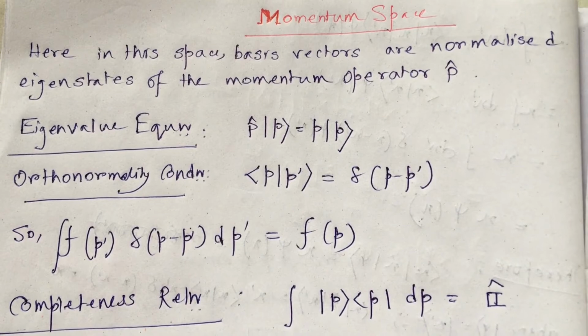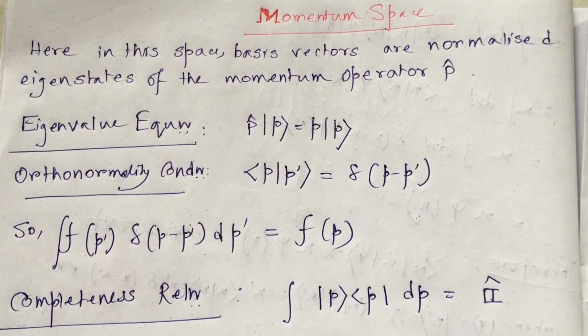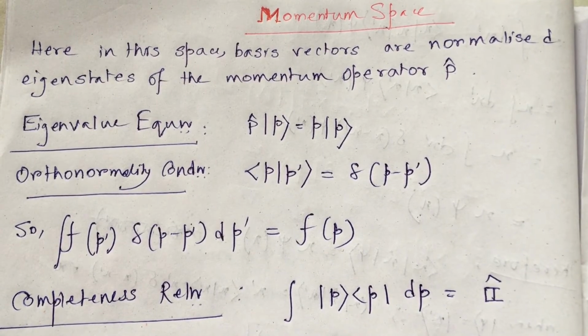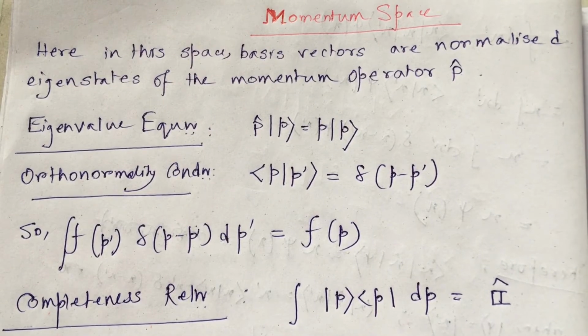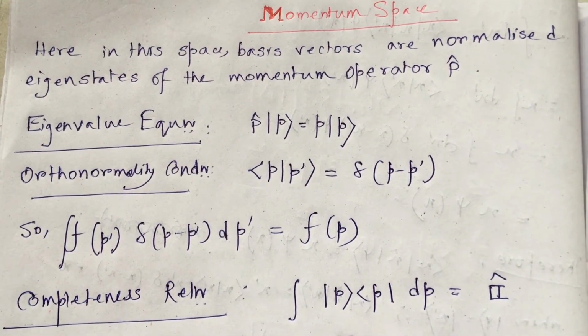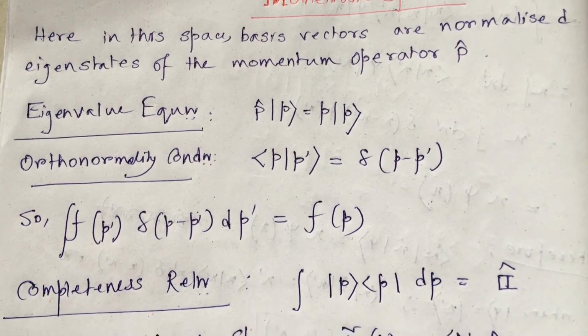Let's come to another continuous space, which is momentum space. In momentum space, we have lots of eigenstates. The entire space is fabricated by the eigenstates of the momentum operator P itself.